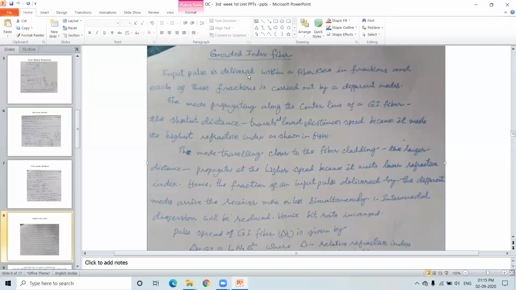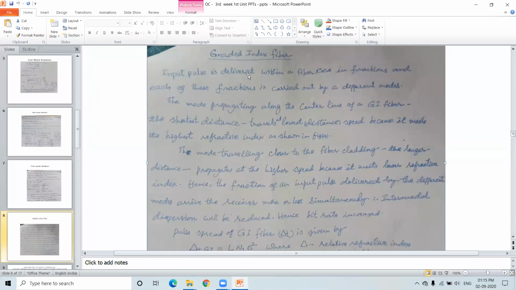So if we change the velocities of these modes, in the sense that 0 mode, as it travels less distance, we make its velocity lesser.